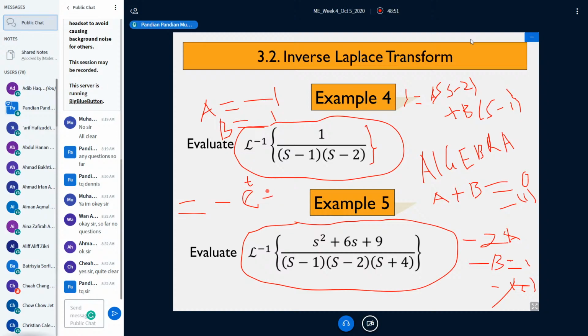So plus e power 2t. This is your final answer, class. So your final answer, inverse Laplace of 1 over (s minus 1)(s minus 2), is minus e power t plus e power 2t.